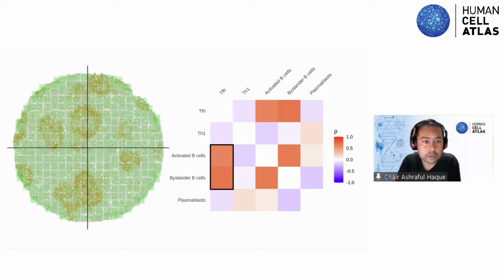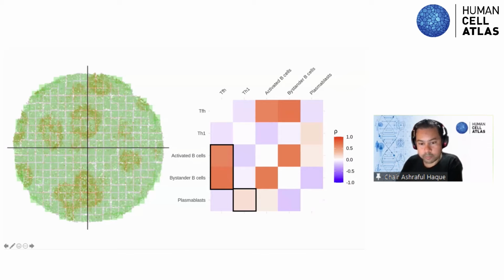And within those bins, you look for co-localization of transcriptomes. And indeed, if you take the cells that look like T follicular helper cells, they co-localize with B cells. They do not co-localize with plasmablasts, which are in a different area.